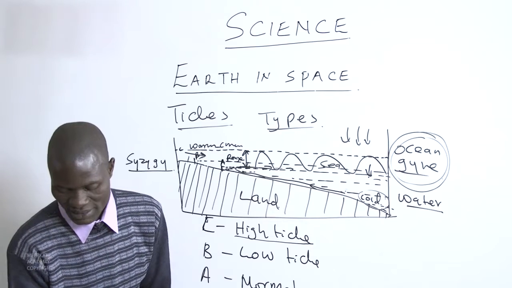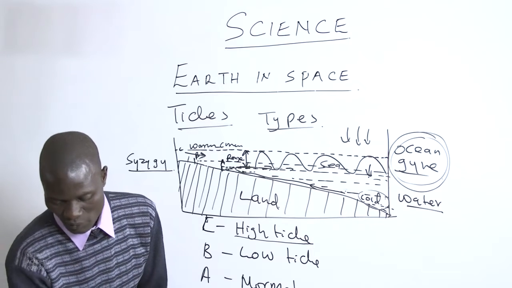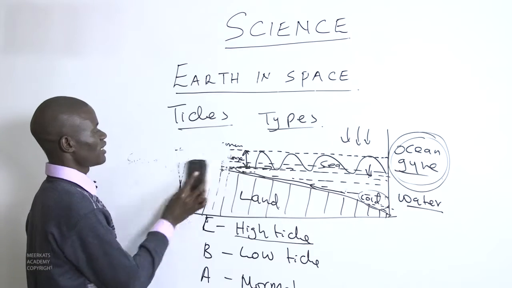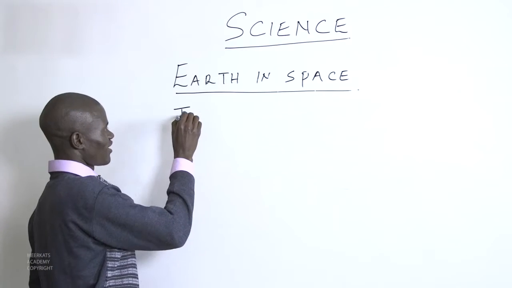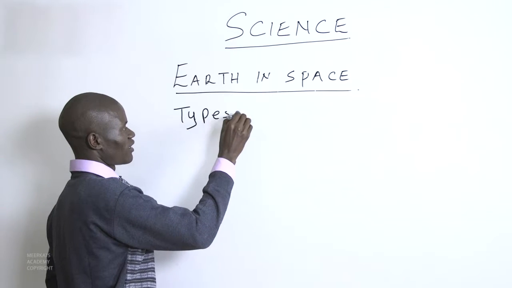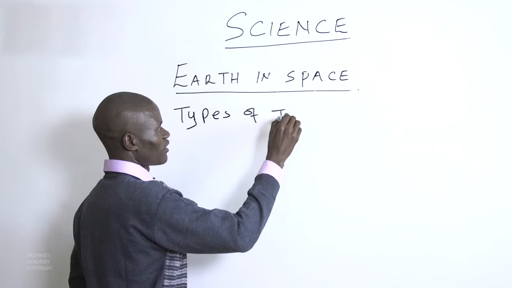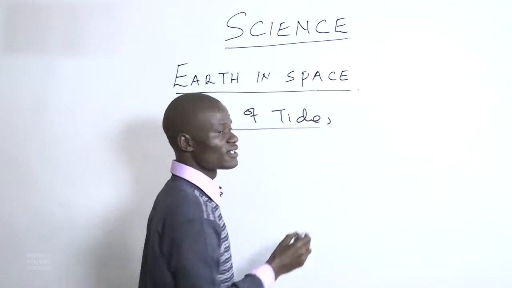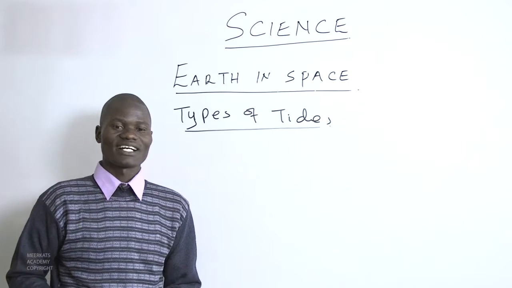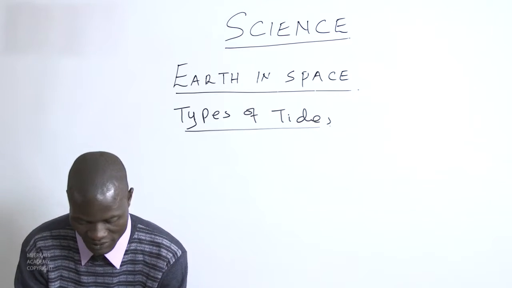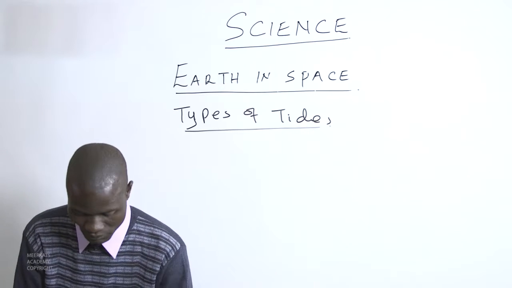Let's look shortly at how the following tides are formed, then we'll be winding up. There are various tides that we have discovered are formed during the formation of these tides.